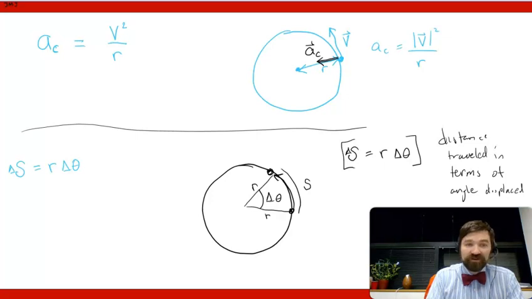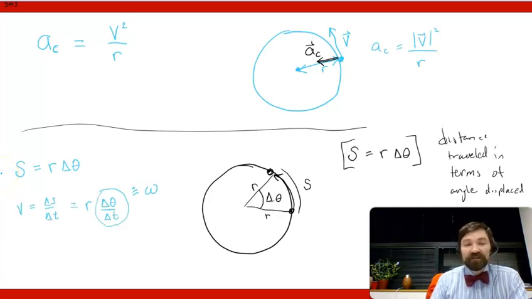Now remember that r is constant. So I should be able to get essentially a speed, and I can do that by finding the rate change of the displacement, delta s over delta t. And so that ends up looking like r delta theta over delta t, where delta theta over delta t we could define as omega, which is called angular speed.